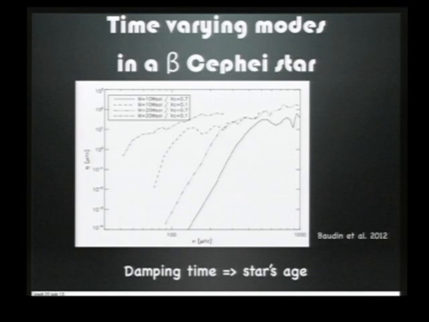So you have a young star here. And this is the same star, but at the end of the main sequence, it's here, when the hydrogen content is almost over. And so by measuring the width of these modes, you have information about the age of the star.